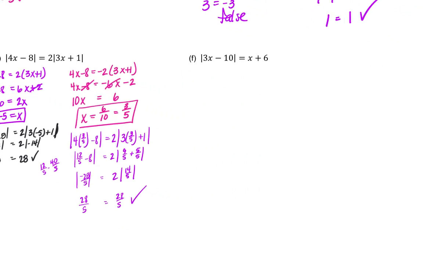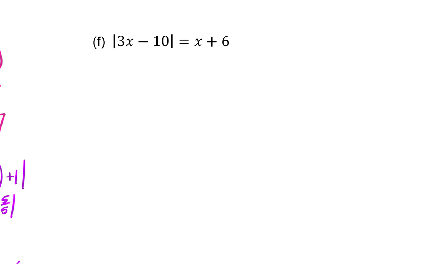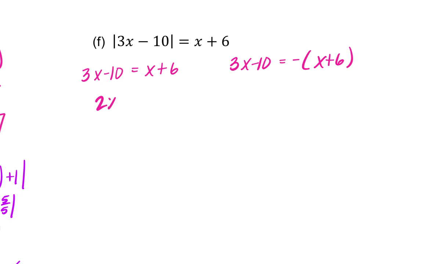All right, last one. So if I do my positive, 3x minus 10 equals x plus 6, and 3x minus 10 equals negative x plus 6. 2x equals 16, x is 8.